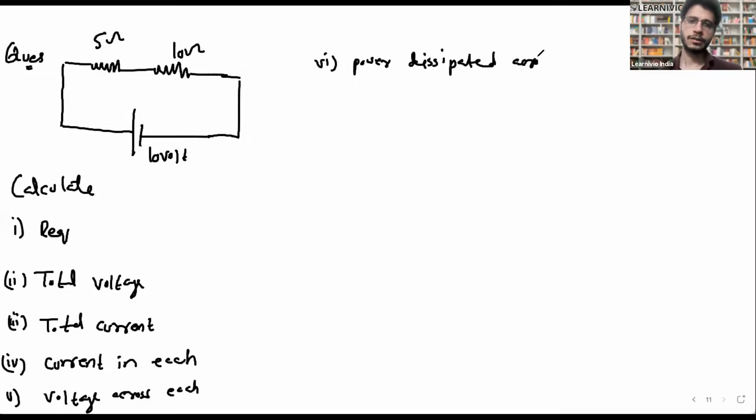Yes, Sania, this is correct. Last, total power. Yes, do it now. The calculations are comparatively easier than capacitor. You have all the relations.